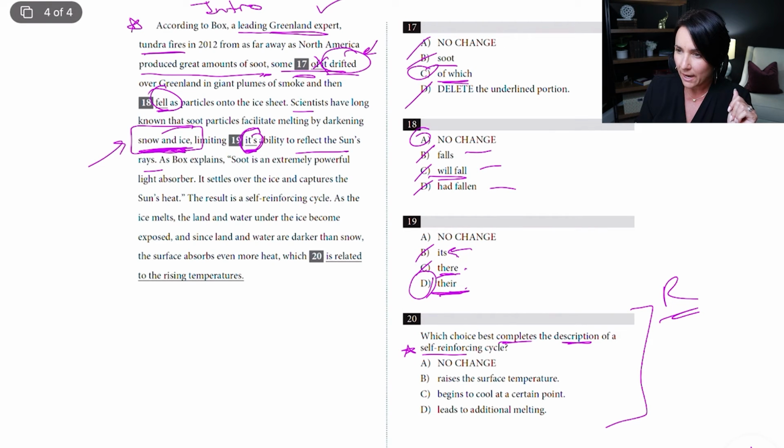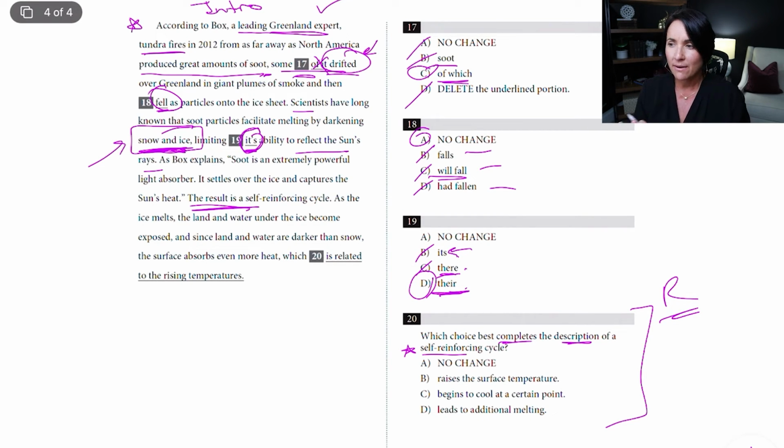So let's start right here. The result is a self-reinforcing cycle. As the ice melts, the land and water under the ice become exposed. And since land and water are darker than snow, the surface absorbs more heat, which is related to rising temperatures.